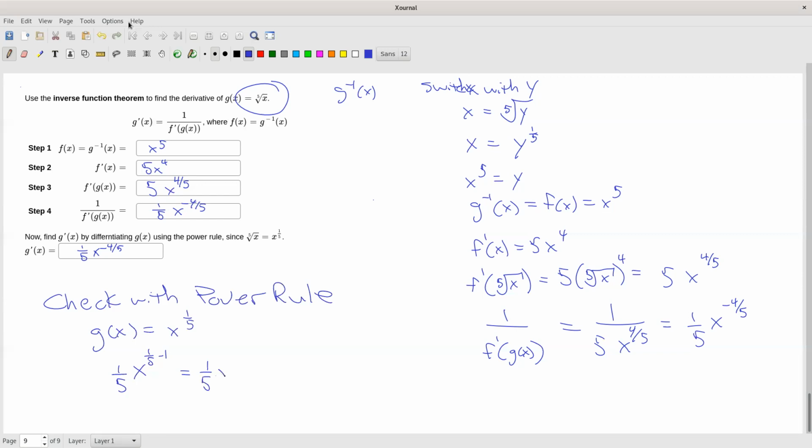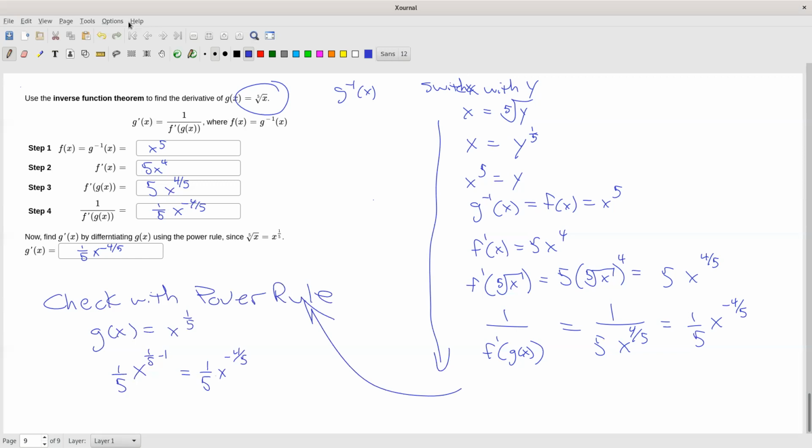And that's the same answer I got doing it the other way. So basically, the inverse function process for finding a derivative proves that the power rule applies to fractional powers also. Sweet. A new tool in our tool belt.